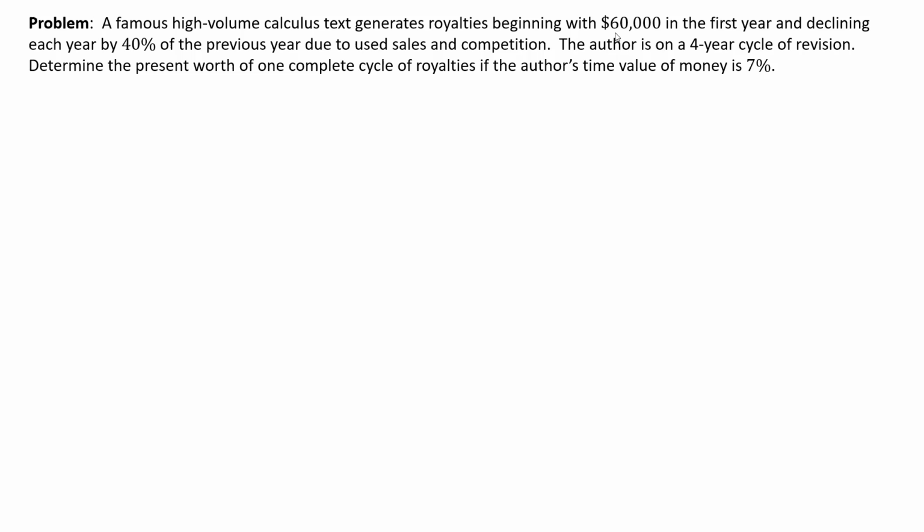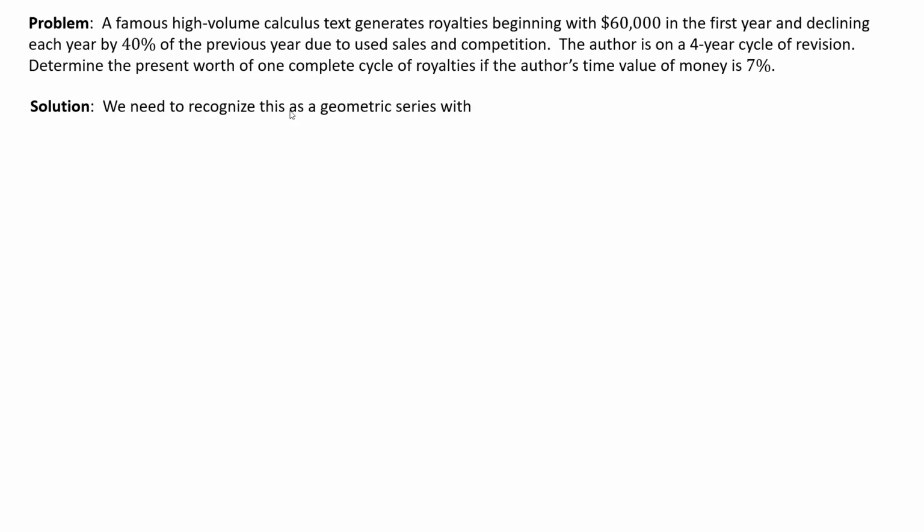He gets $60,000 the first year, and declining each year by 40% of the previous year, so he gets 60,000 times 60%, which is 36,000, and 36,000 times 60%. 0.6 is what you need to keep multiplying by.